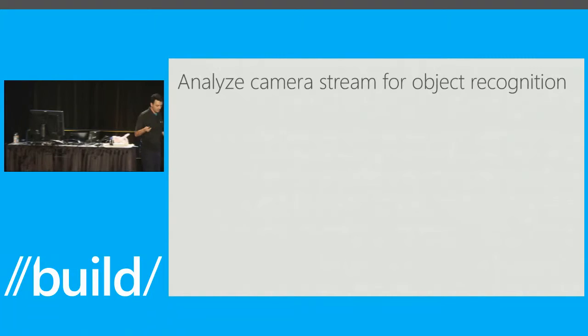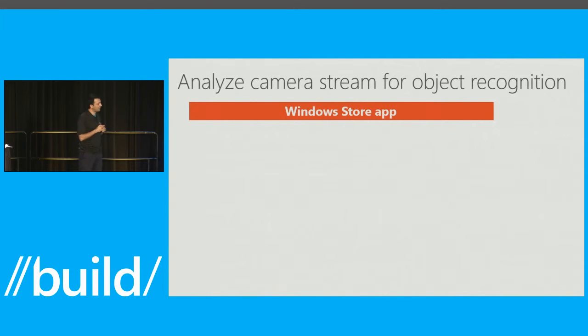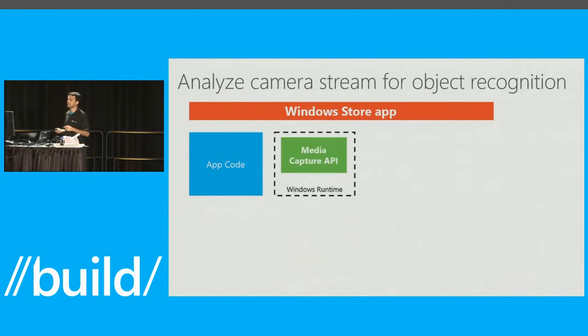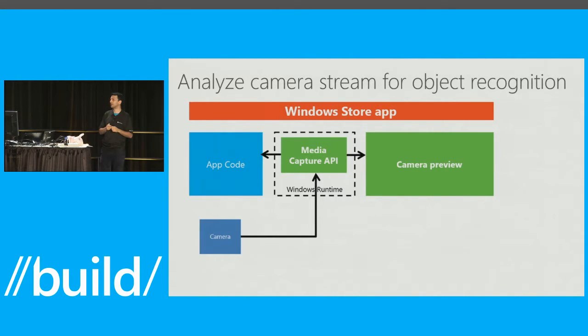And one way an app like this would enable the scenario could be like this. So we have the Windows Store app at the high level, right? There's some kind of app code for this game. It's using the media capture APIs. And there is a camera preview as part of the UI. And all these things are linked to each other, right? So the camera feed is used by the media capture APIs in this case.